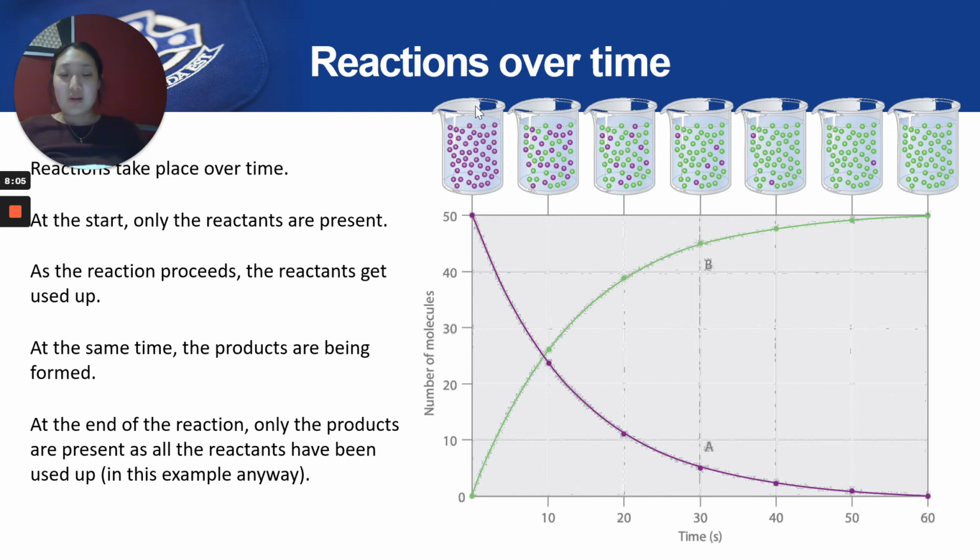At the end of the reaction, only the products are present because all the reactants have been used up. So we have 0 reactant molecules and 50 product molecules. Sometimes reactions might stop because one of the reactants has been used up, but in this example, both reactants have been used up.